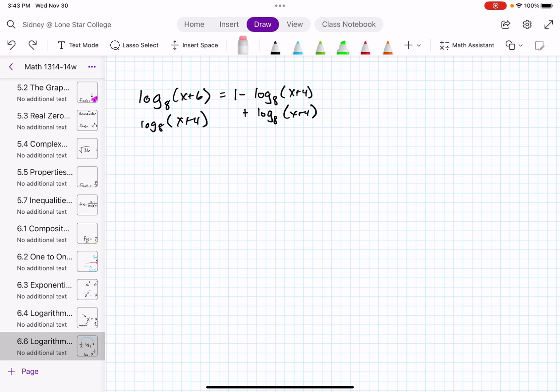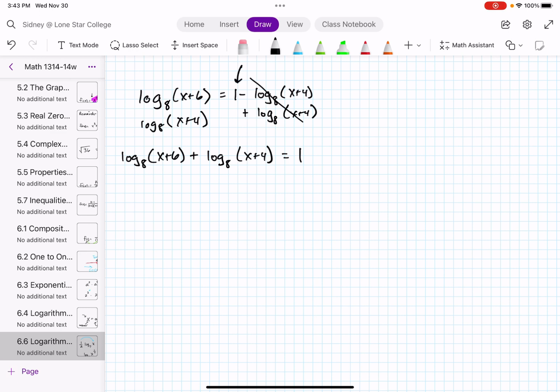So those simplify out, and I have log base 8 of x plus 6 plus log base 8 of x plus 4 equal to 1, because that 1 is still sitting over there.